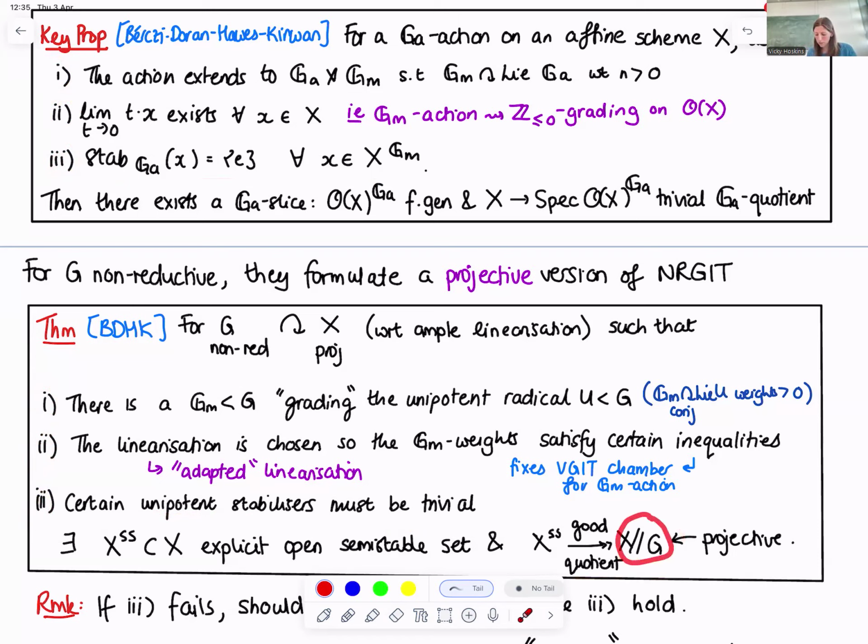And we were interested in this question actually in the case when G and H are reductive, but also in the case when G and H are non-reductive.